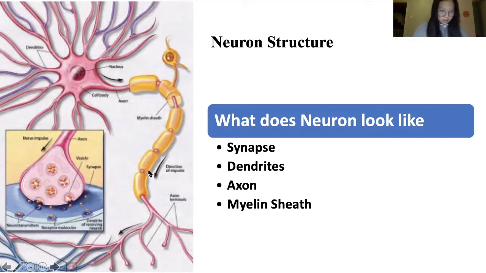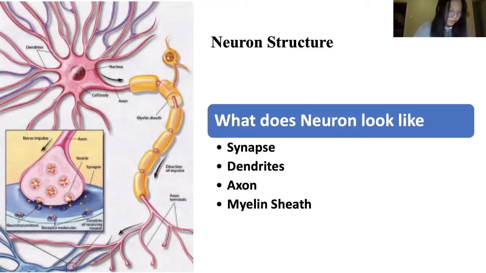Axons send out information, and they're covered with a myelin sheath on top. The job of the myelin sheath is to accelerate the transmission of electrical signals along the axon, so that axons can transfer these electrical signals with better speed.